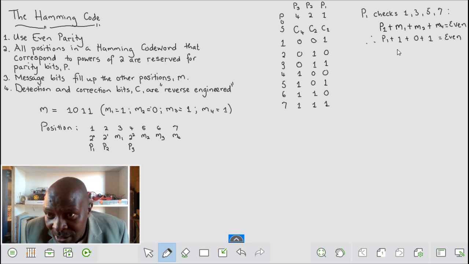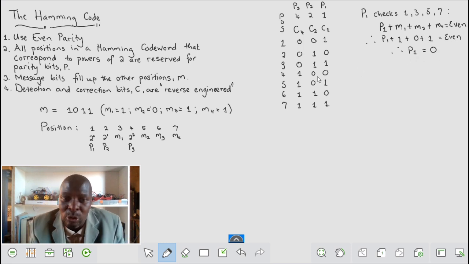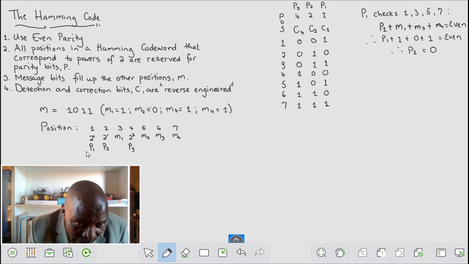To achieve that, it's only possible if our P1 is a 0 itself. Why? We already have 1 plus 1, which is 2. If P1 becomes another 1, that will be 3, which won't be even. So it has to be a 0. So we know now that our P1 here is a 0.